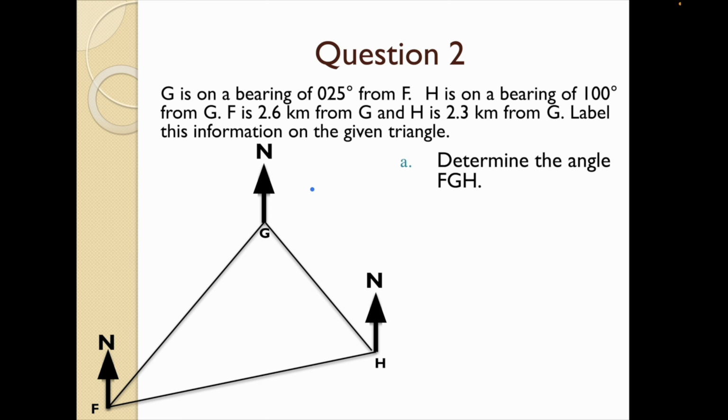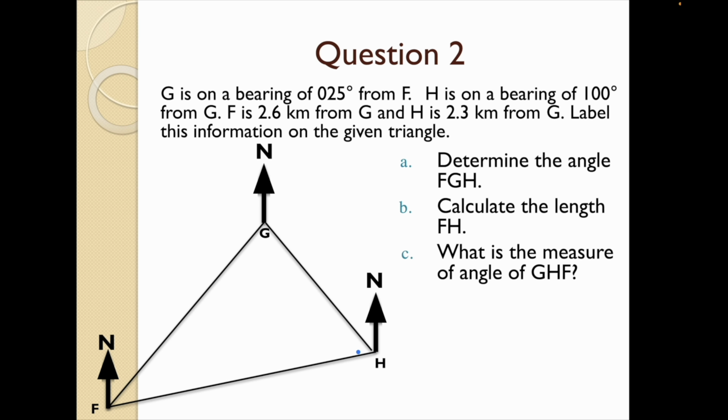So let's see how y'all would get FGH. Before you do anything, you have to label the diagram. When you're done with that, you're going to calculate the length FH, from here to here. Then you're going to find out the angle GHF, which is inside here. What trick are we going to use to figure that out? And then the next thing is, what is the measure of angle GFH? So this time we want to figure out what that angle is inside of here.